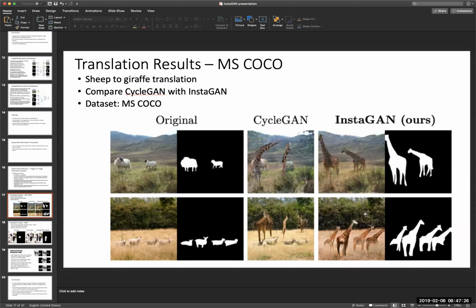On the top row, we've given it only a mask for the left human, and it generates an image with the left human wearing a skirt, but ignores the right human.